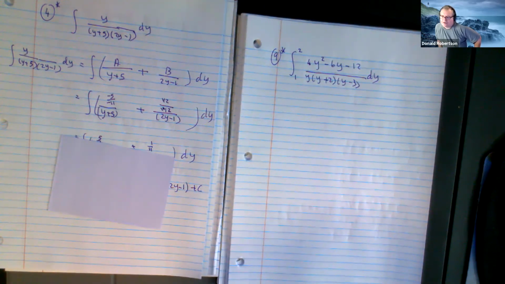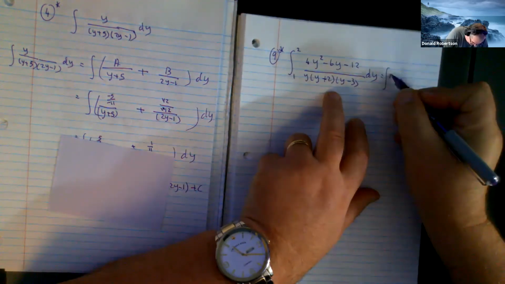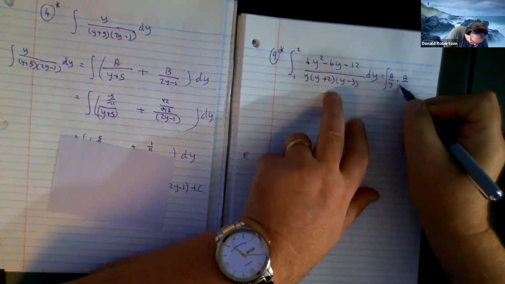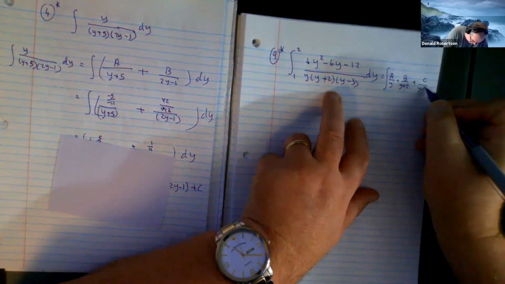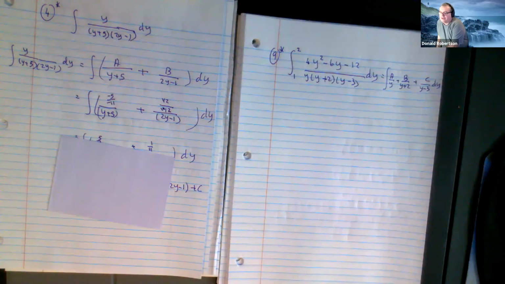You notice it's got 3 terms on the bottom rather than 2. Great, 3 different terms. So when we split it, it's going to be an a over y, a b over y add 2, and a c over y take away 3. Are you comfortable about how you split that fraction into 3 partial fractions? Does that seem reasonable? We're just extending the idea a little bit.